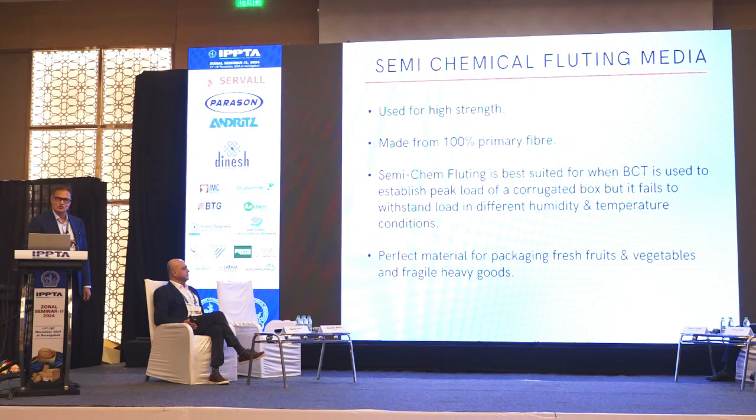The box will not lose much strength. That is the reason it is the perfect material for packaging fresh fruits and vegetables and fragile heavy goods. Now in our country also a lot of fresh fruit and vegetable exports are happening, where almost 100% semi-chemical fluting media is being used. I think so, at maximum.